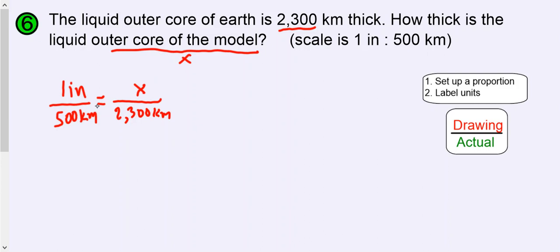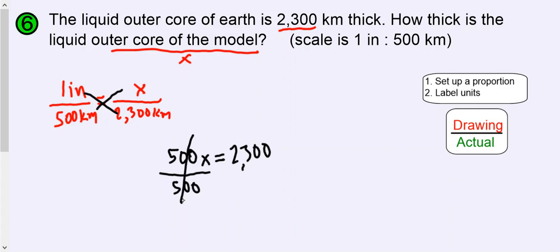We'll start with the 500 kilometers times x. So on one side of our equation, we're going to have 500x equals 1 inch times 2,300 kilometers. So we're going to have 1 times 2,300, so we'll have 2,300 over here. And now we need to isolate our variable of x, and we're going to do that by dividing by 500.